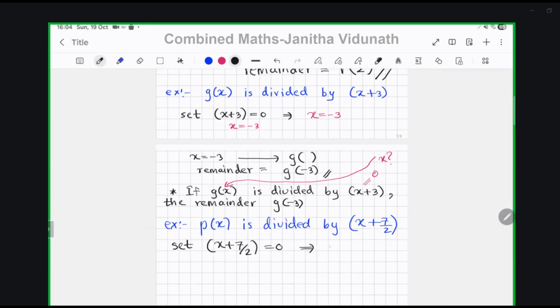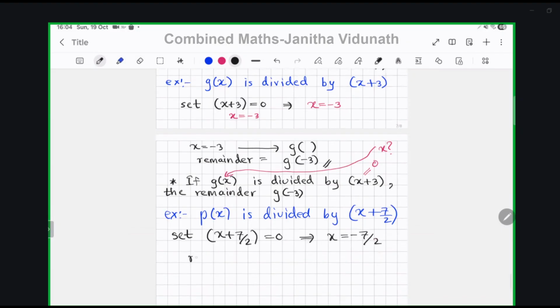And from there we can find x is equal to minus 7 over 2. Then our remainder should be equal to p. For the x value we need to substitute minus 7 over 2, the value we have taken from setting our divisor to 0.